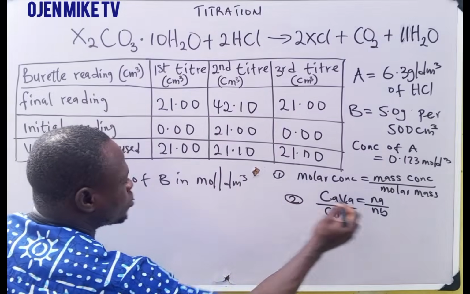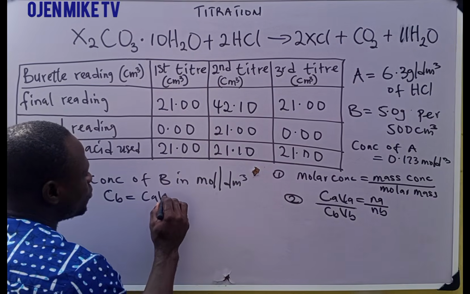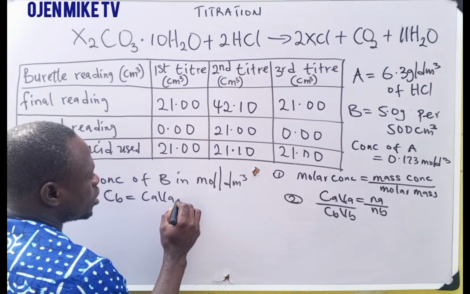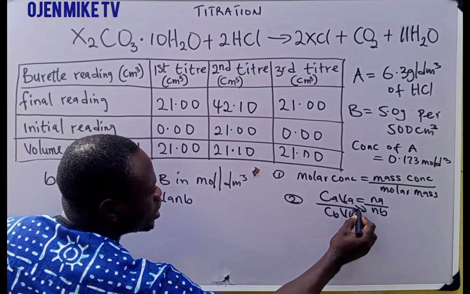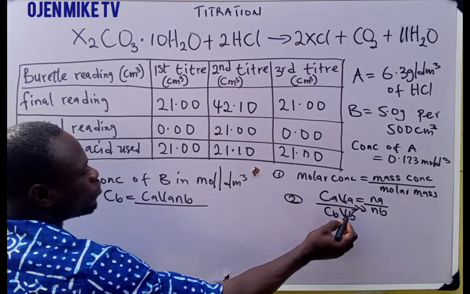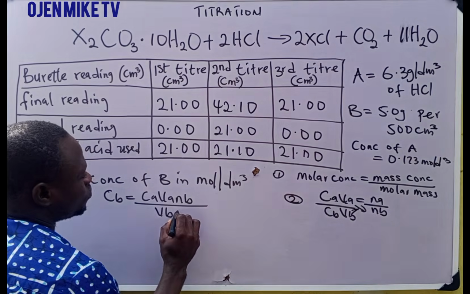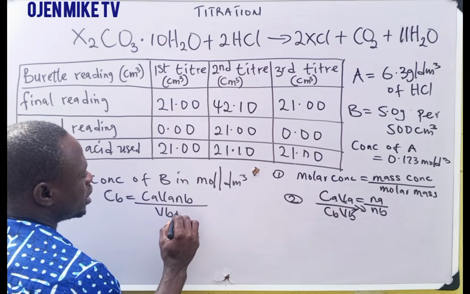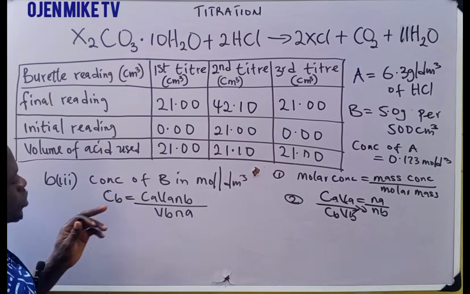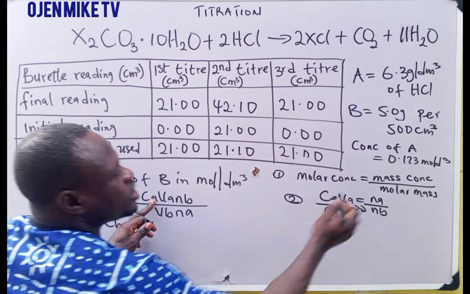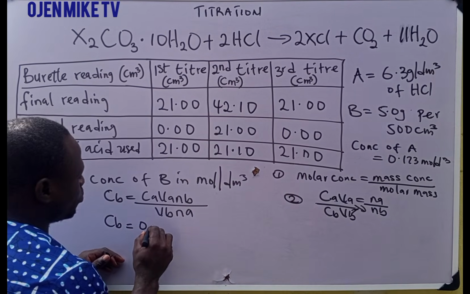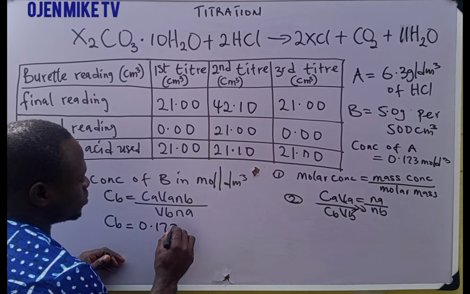you cross multiply. Look at CA, VA, NB. Look at cross multiply. This one will go here. So over VB, NA. So putting into the formula, CB now will be equal to, what is your CA? CA, we have 0.173.